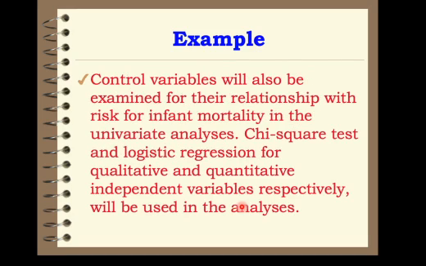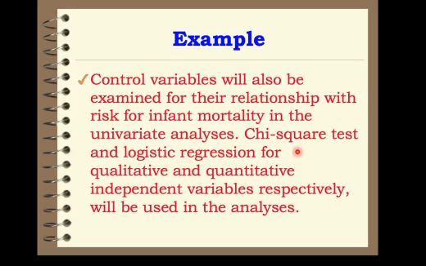Control variables will also be examined for their relationship with the risk for infant mortality, initially using univariate analysis. Chi-square test and logistic regression for qualitative and quantitative independent variables, respectively, will be used.